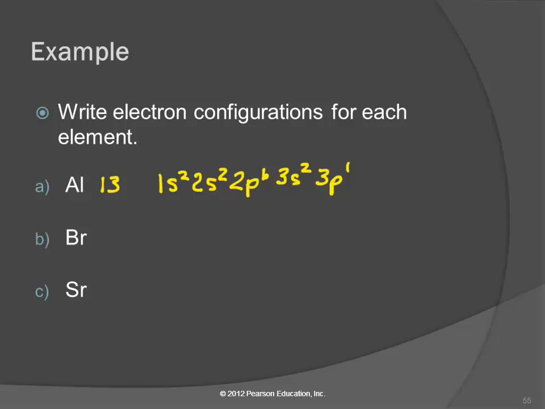How many p orbitals are there in any level? There's 3, right? How many electrons can they hold? 6. 1, 2, 3, 4, 5, 6. Coincidence? No. How many d orbitals in a given level? 5. They can hold a total of 10 electrons.